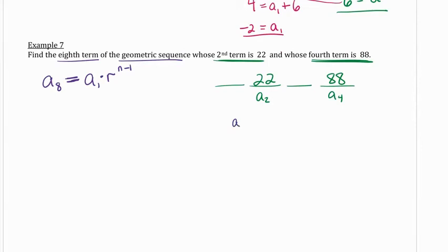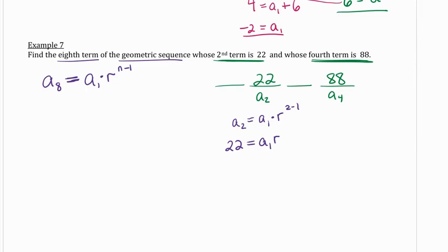A2 would equal our first term, which we don't know, times our common ratio, which we don't know, and then that would be to the 2 minus 1 power. Well, we know our second term, that's 22. So then A1, and 2 minus 1 is just 1. So that'd be A1 times R, our first equation.